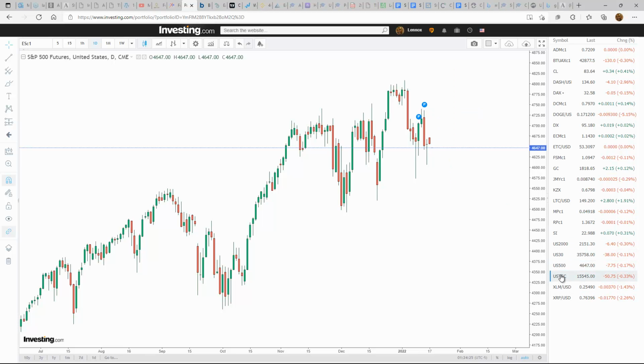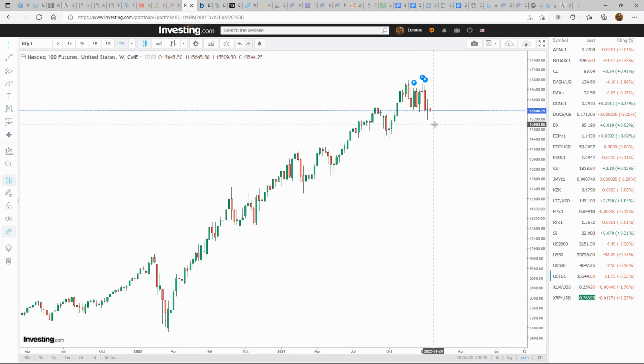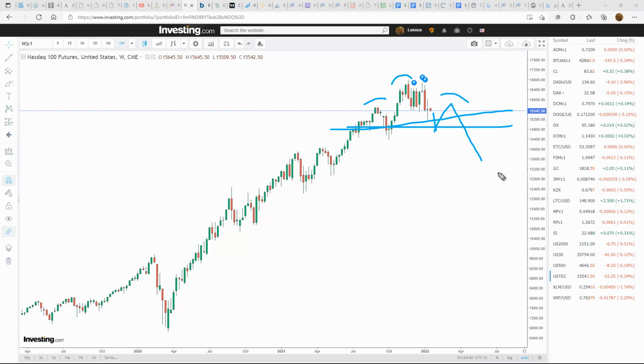I'll take one more look at the U.S. technology group. On the weekly, it too is similar. It's sitting right at a crucial point. Now we could form a large head and shoulders here. We could do something like this and go back up and then come back down, forming a head and shoulders, and that would be on our way down.